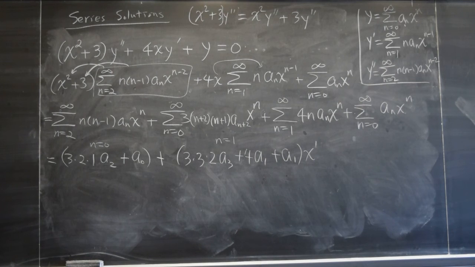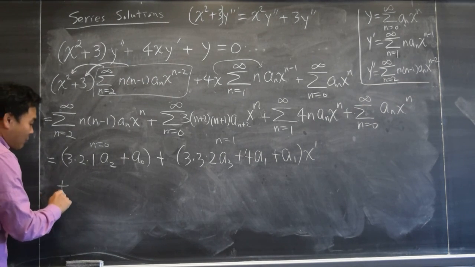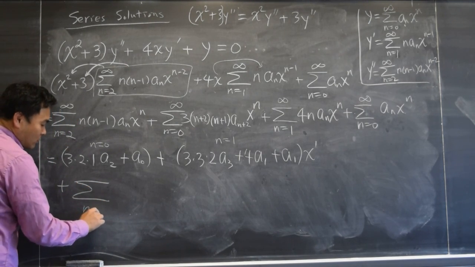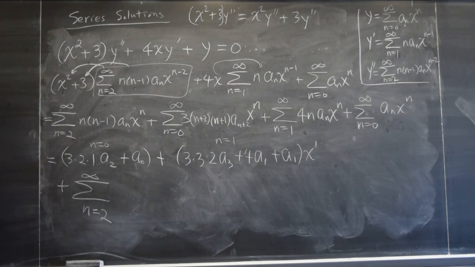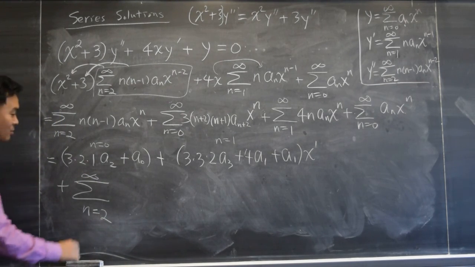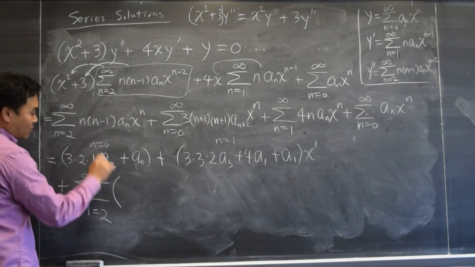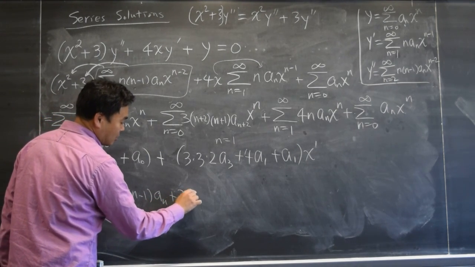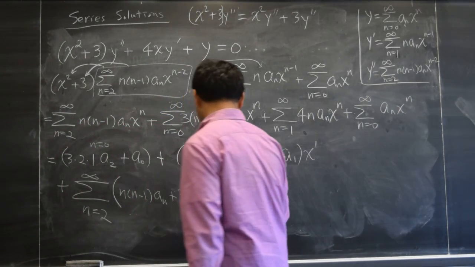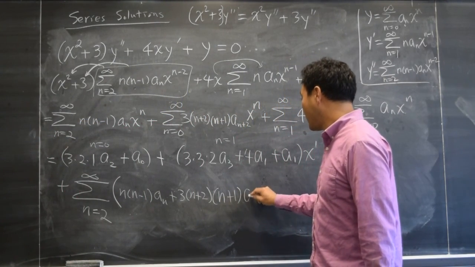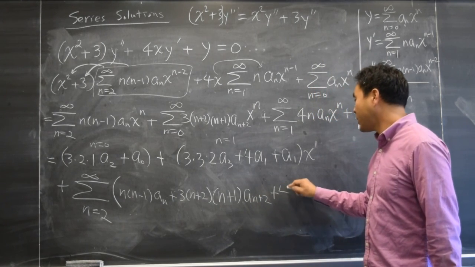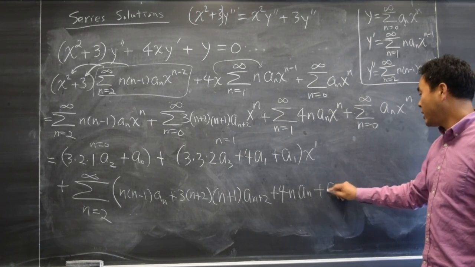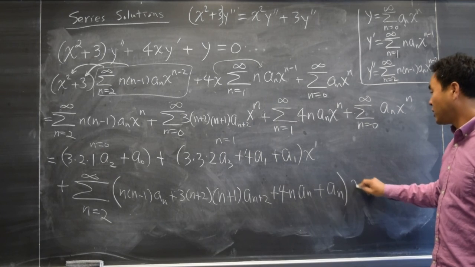And then starting from 2 or above, what happens? Everything produces, right? So we can say sigma of n 2 or greater. All of them produce something, so we can put this gigantic summation of n times n minus 1 an plus 3 times n plus 2 n plus 1 an plus 2 plus 4n an plus an, x to the n.